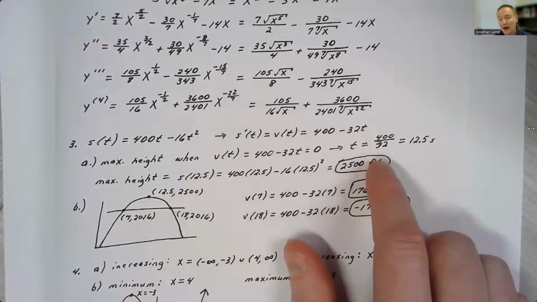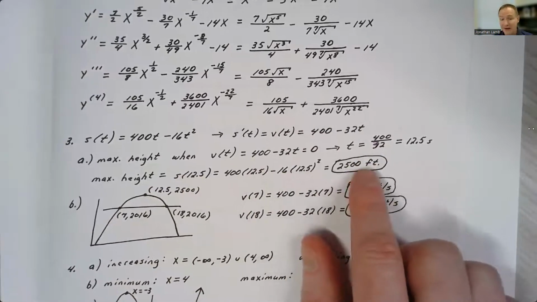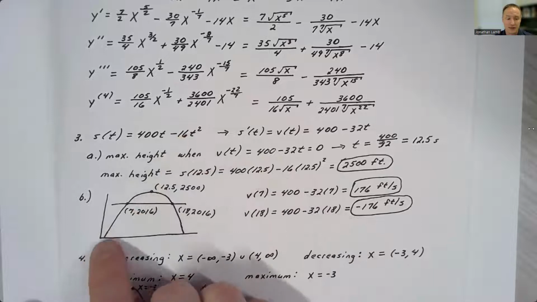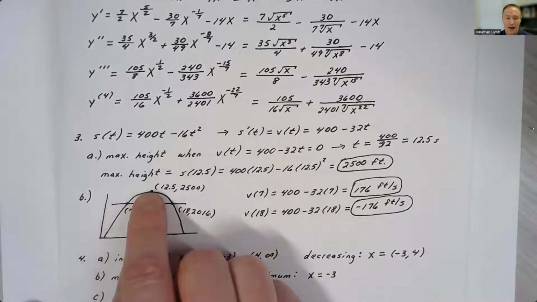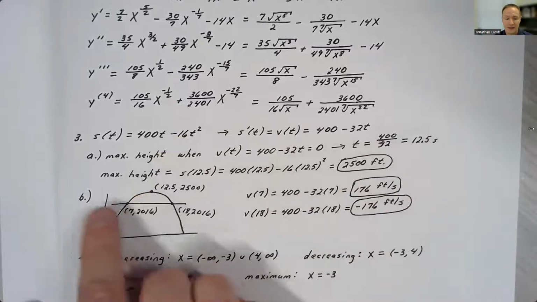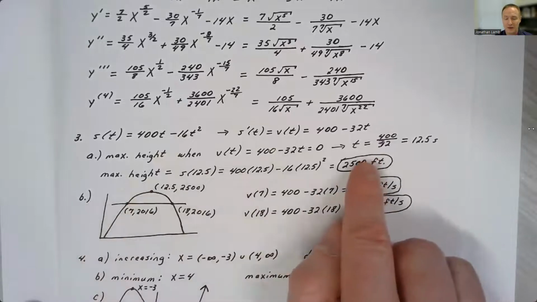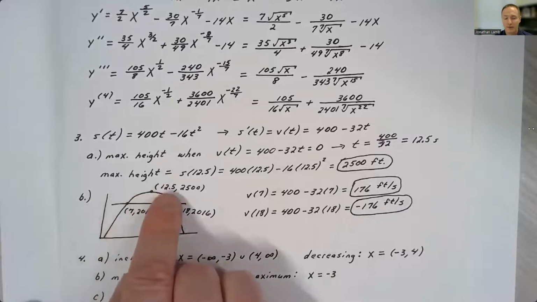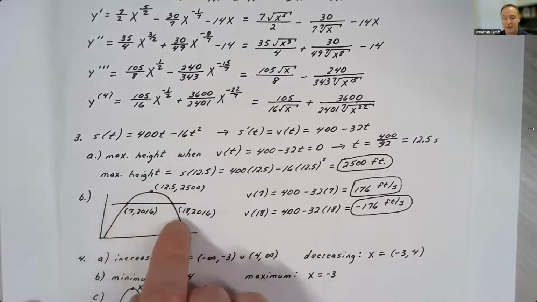Okay, so now, just from knowing that, I went ahead and drew my little graph here. I know at time 0, the position is going to be at 0, and then it's going to go up at 12.5 seconds. It's going to reach its maximum height at 2,500 feet, and then it's going to come back down. Probably, and well, in fact, it is exactly another 12.5 seconds for it to hit the ground.